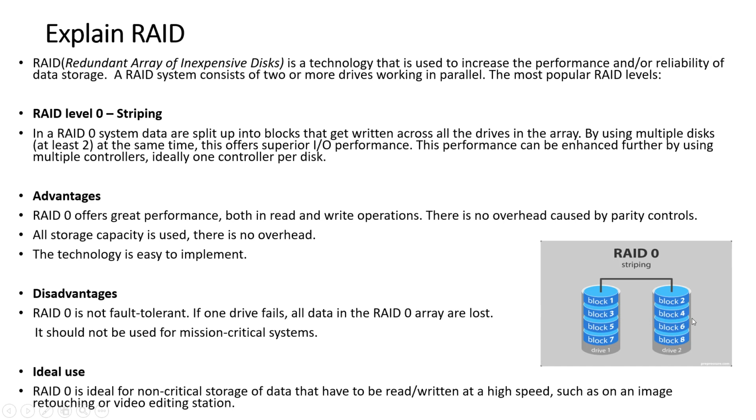RAID 0 is basically ideal for non-critical storage of data, where if some part of the data goes, it doesn't matter, but where speed plays the important role. So for a RAID 0 system, the speed of the system will be very high, but some critical data can't be stored in RAID 0.